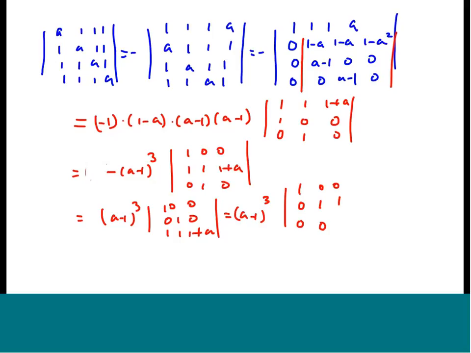Wait. All right. Let's see what's wrong with it. So first row minus 1, or minus a.